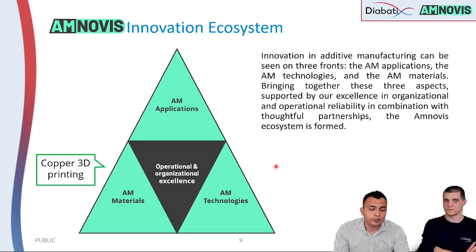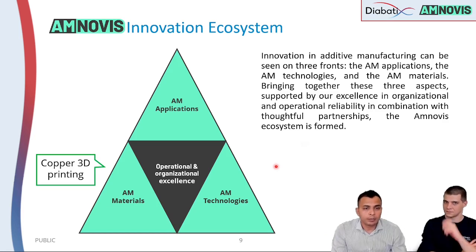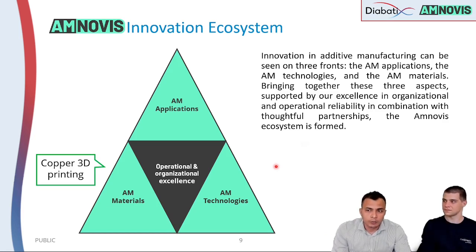And if you see all three fronts where we work in the innovation ecosystem, we choose partners quite well, and our partners are basically the ones with whom we co-develop products. Hence, when it comes to copper 3D printing, Diabatix was such a nice partner to have.